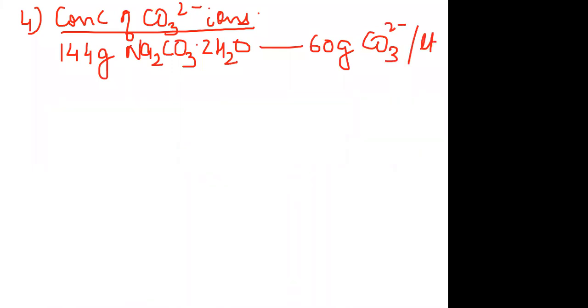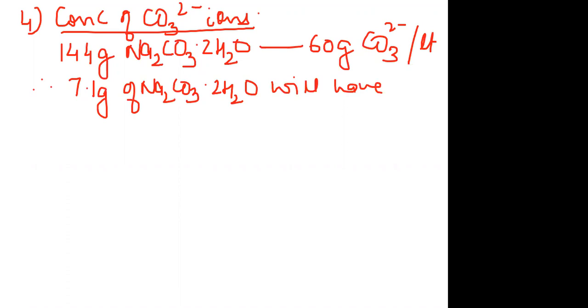Therefore, 7.1 grams of sodium carbonate·2H2O will have 60 by 144 into 7.1 carbonate ions per liter.